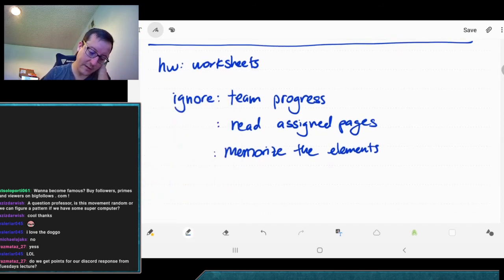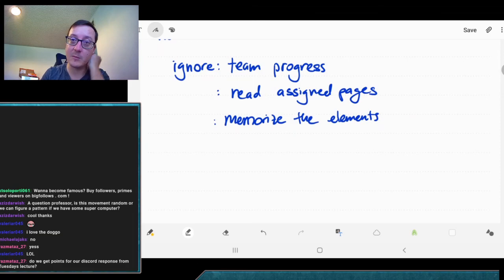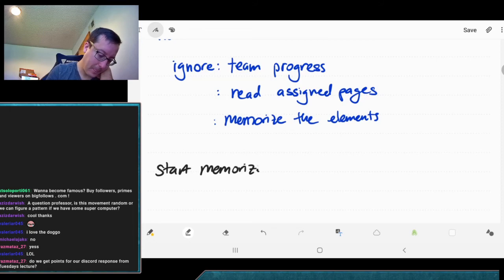For other things you can be doing in the meantime, in Discord, let's see, I've got it actually. Let me write it out and then I'll pop over. Start memorizing your metric prefixes.